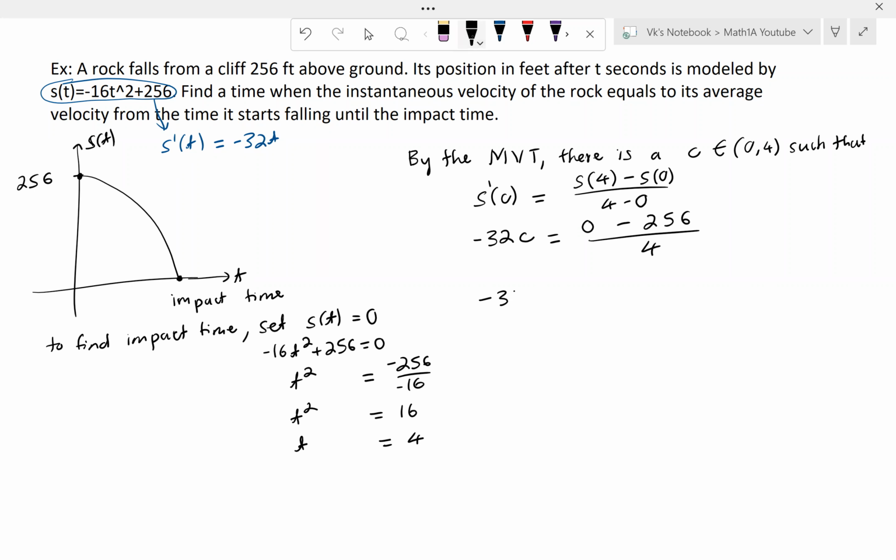So -32c equals -64, and therefore c is -64 divided by -32, which is 2.